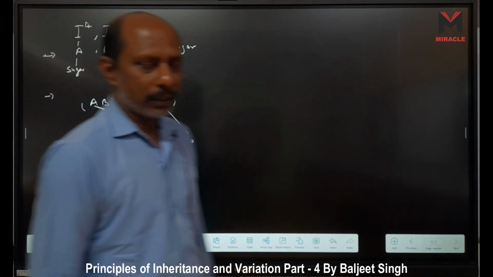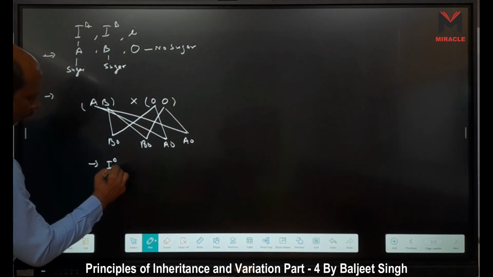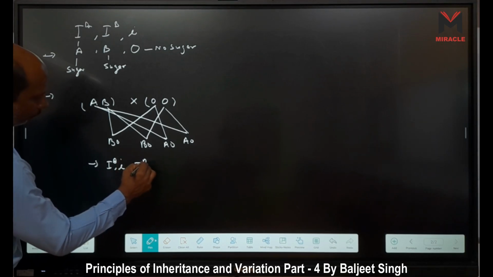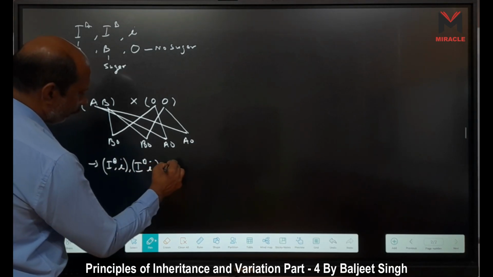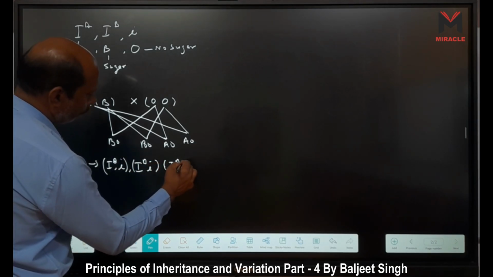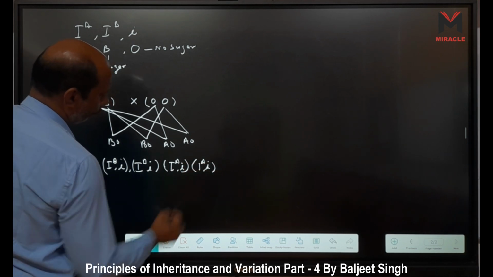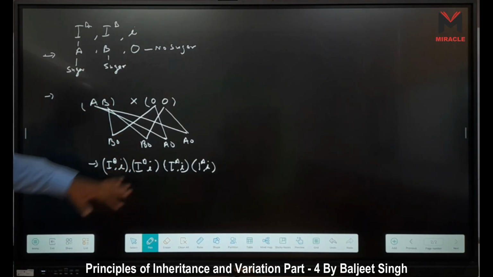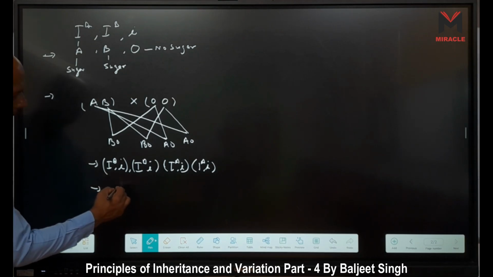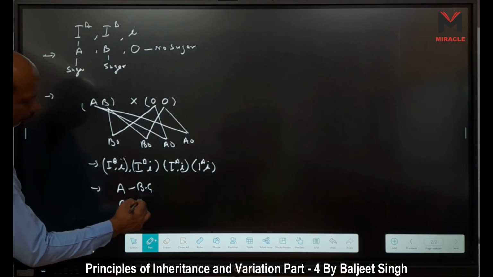Heterozygous means this one contains IB and small i, this also contains IB and small i, this contains IA and small i, and this also contains IA and small i. Simply, no one is AB blood group, only either A or B. Now we have only two options, either blood group A or blood group B.